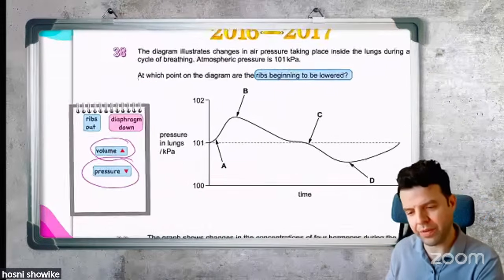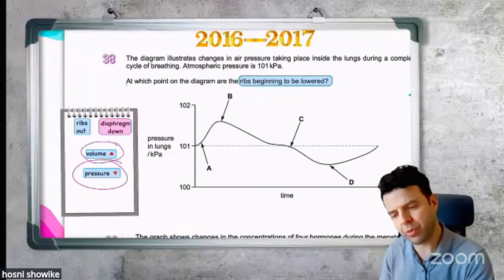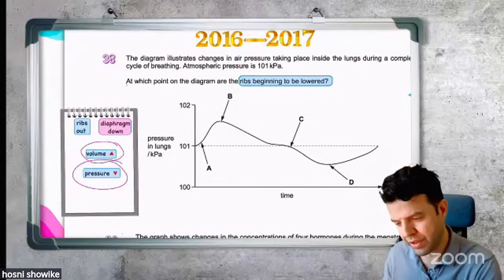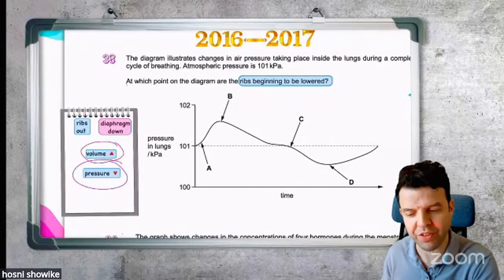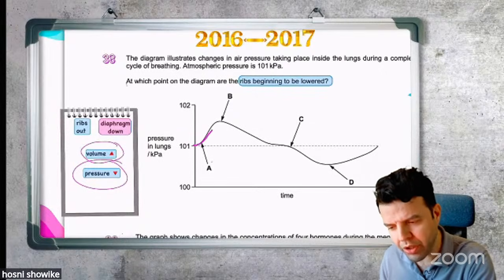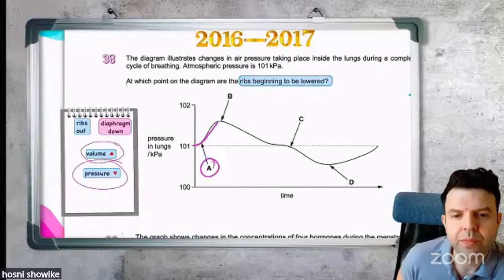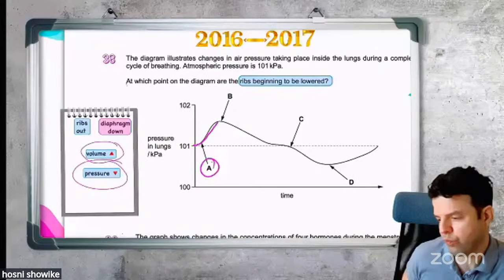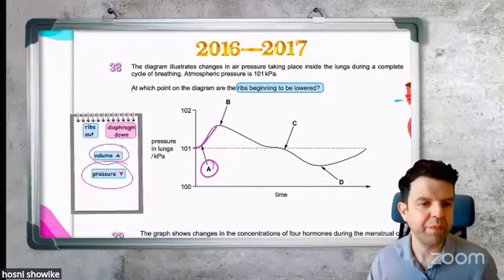So me here, the ribs are pushing on the chest, the ribs are moving down. So what do you expect to happen to the pressure? You squeeze in your chest, you squeeze in the volume of your chest. The volume is going to decrease, therefore the pressure will increase. Okay?